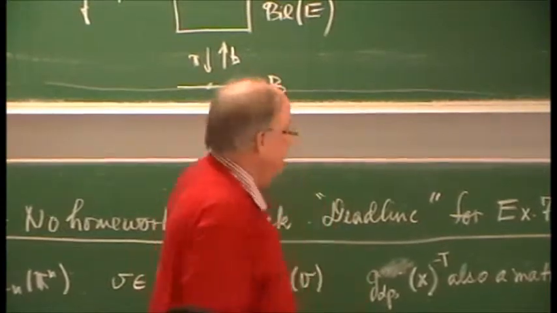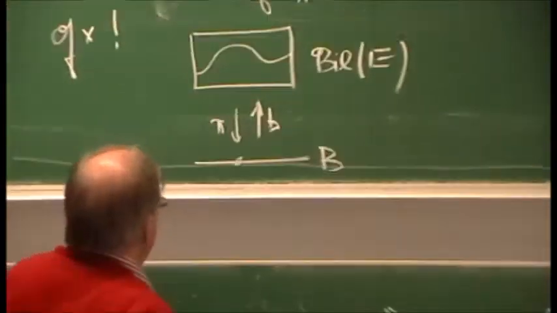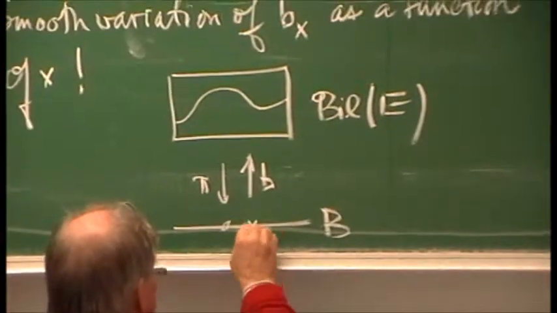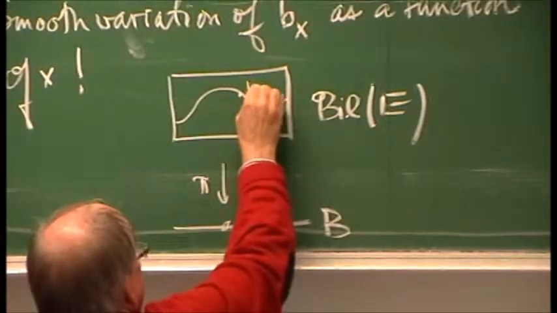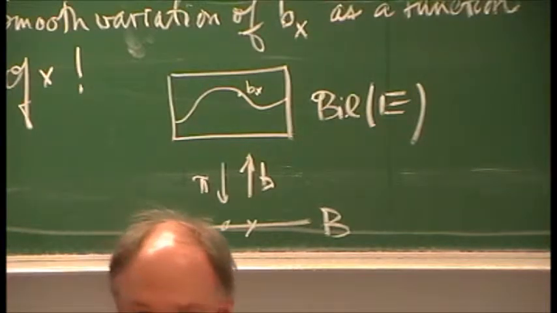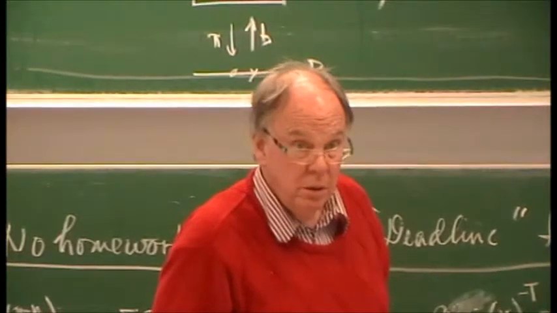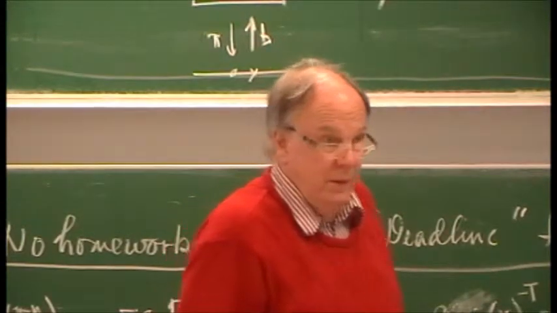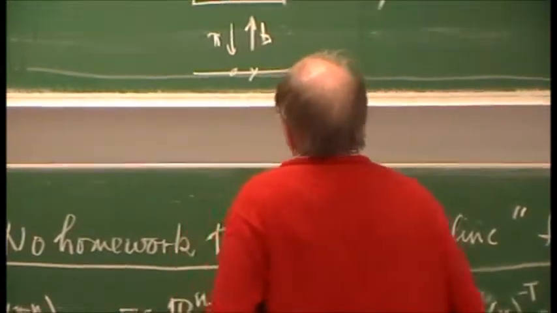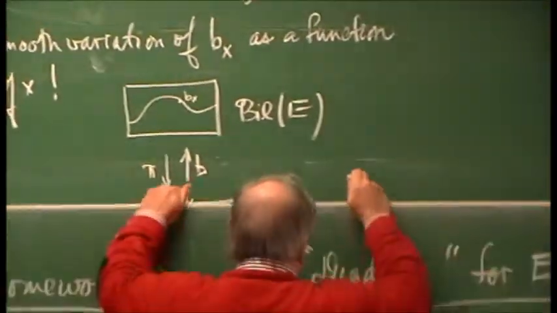Remember, a section maps the base into a section like this. We've talked about it at least in the homework. And to every point x, I get a bilinear form B_X, and a smooth section is a smooth bilinear form on the bundle. Okay. So a smooth bilinear form on a bundle is a section of the bilinear form bundle.